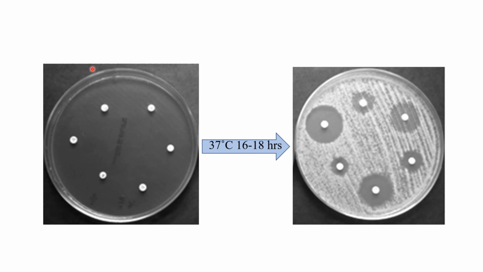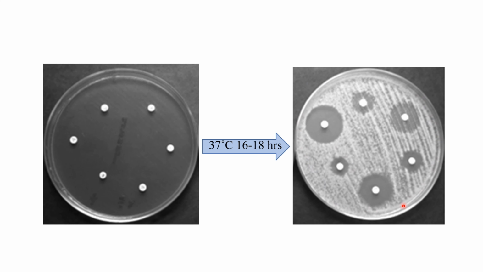After the disc placement is over, this is the disc-placed medium. We will incubate this medium at 37 degrees Celsius for 16 to 18 hours or overnight. And after the overnight incubation, we will get an observation like this. So after incubation, this will be our observation.